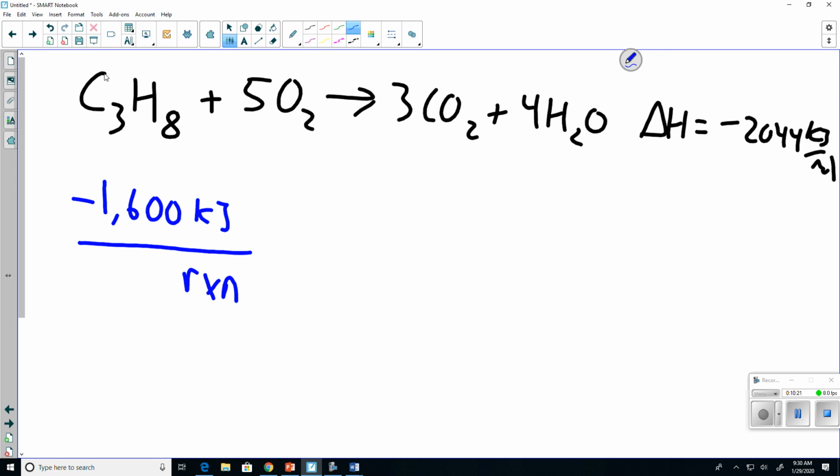Because the first thing I'm going to do then is I'm going to use a conversion to cancel out my kilojoules. And how I can do that is by using the enthalpy value given to me in the problem. Notice that all I did was flip it upside down.